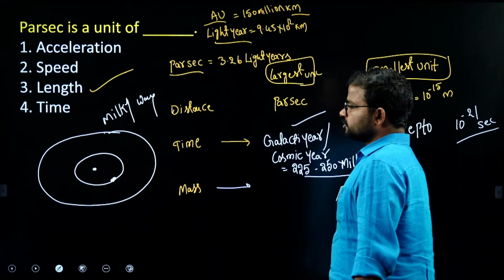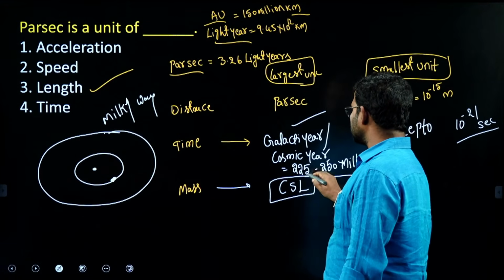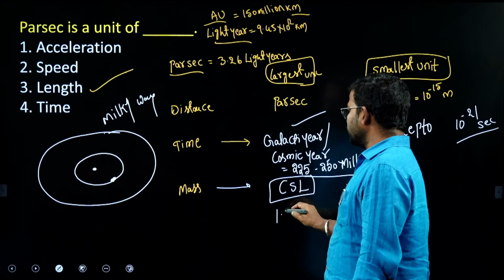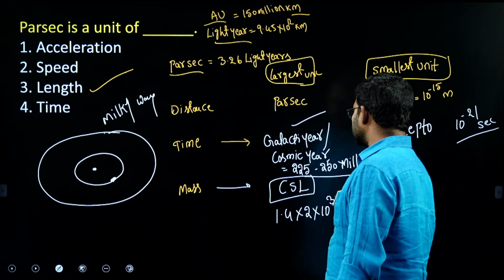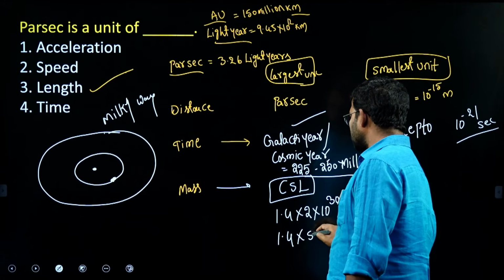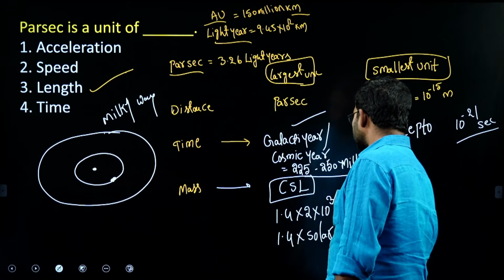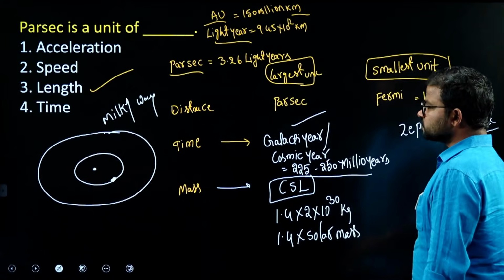Next, mass, which is the largest unit? Chandrasekhar limit, CSL, which is equal to 1.4 into 10 power 30 kgs, or 1.4 times the solar mass. What about the smallest unit?